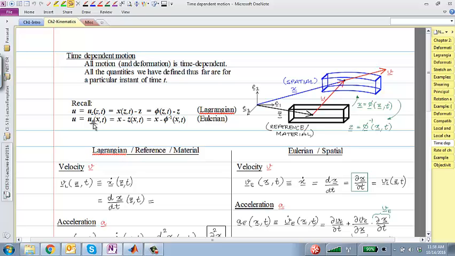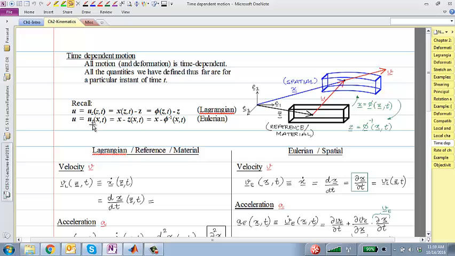On the other hand, the Eulerian view is that I'll fix my space. So my space is fixed like this, and due to some process or some deformation, the material is flowing through that space. At any instant of time, if I have a point in space, there is some material point that arrives at that point at that instant of time.